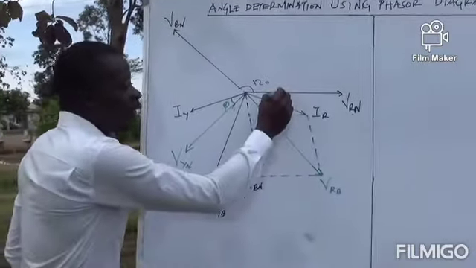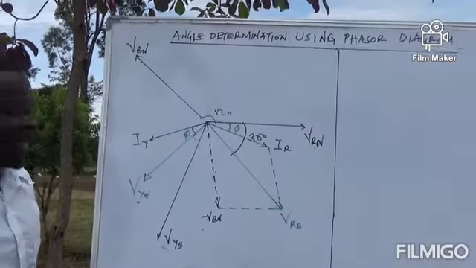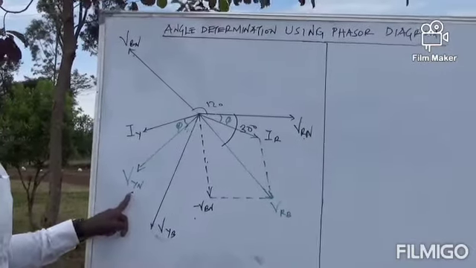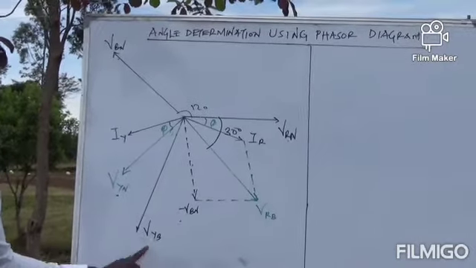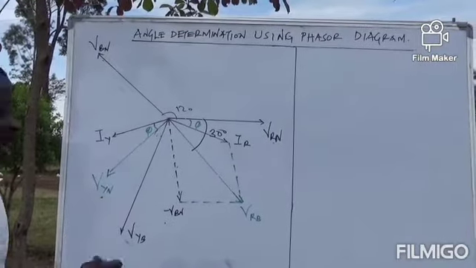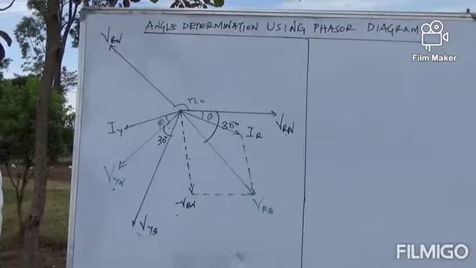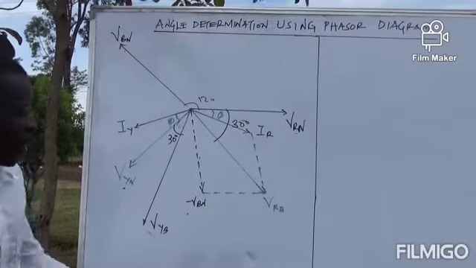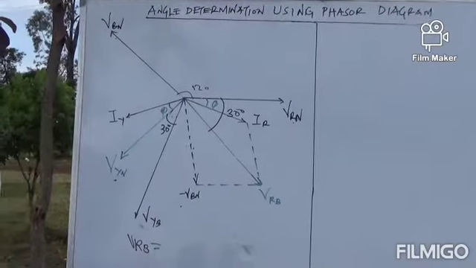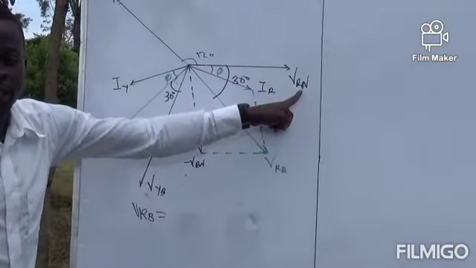Here, this angle is 30 degrees, and again we have VYB and VYN. This one is a line voltage and this one is a phase voltage, so they are also separated by an angle of 30 degrees. In this scenario, VRB is a voltage between this phase voltage and this other phase voltage.